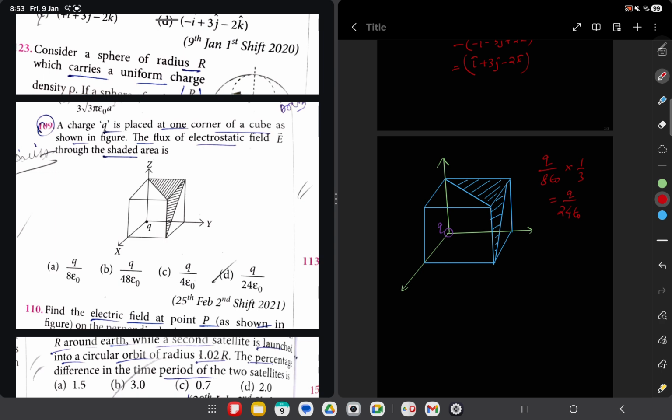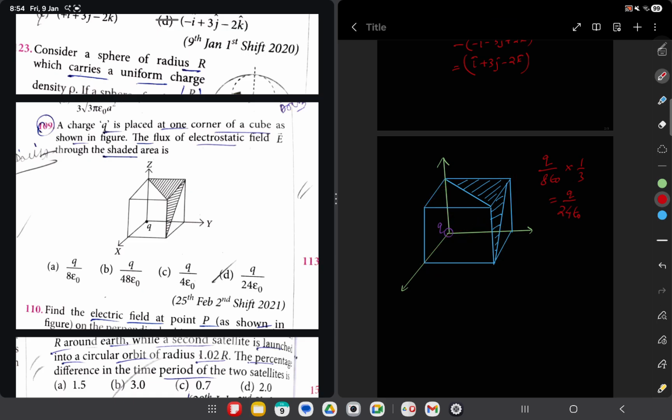There are 3 faces adjacent to the Q, this one, this one, and this one. For these 3 faces, the flux will be 0. So this is Q by 24 epsilon naught.